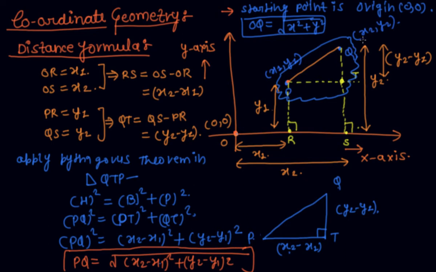The remaining values are x2 and y2, and I say x2 is x and y2 is y. So the distance of point Q from the origin is OQ, which is equal to root of x square plus y square. Now I discuss one example on the next page.